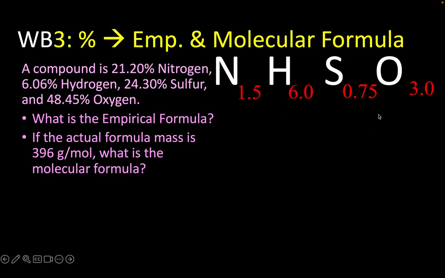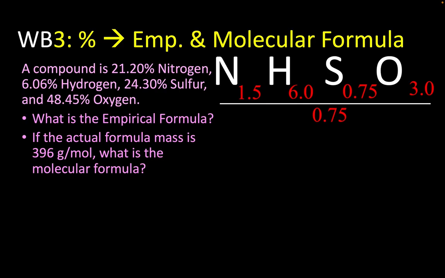If they're all whole numbers, then you're done. But almost always it's not going to be a whole number. And what you're going to do is divide every single one of them by the smallest one of them. And it'll always work out. It'll change them to whole numbers.